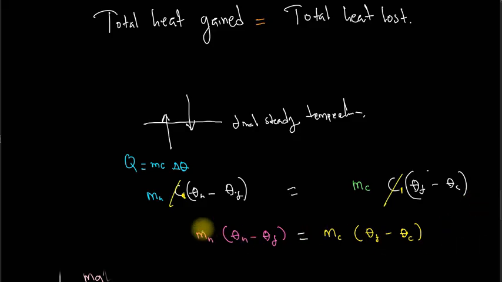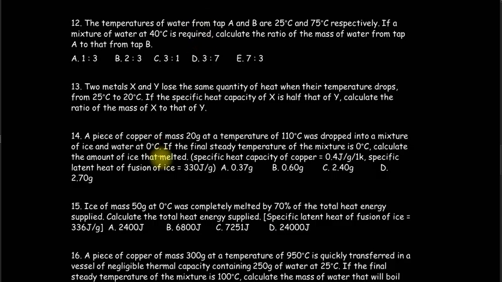So from our question, let's just use this formula right here and solve. Number 12. The temperature of water, tap A, 25 degrees and for tap B 75 degrees. So tap A is the cooler temperature, tap B is the hotter one.